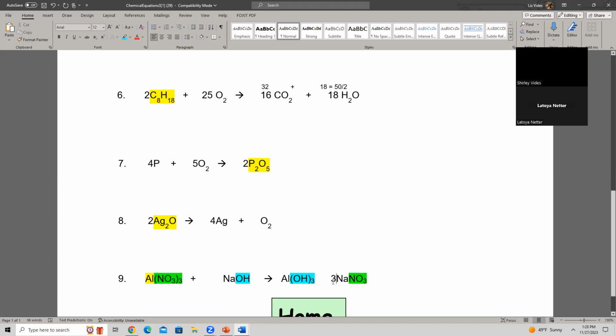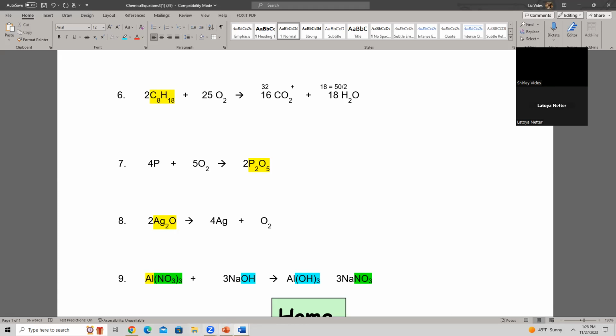See, that gave us 3 sodiums, which means we need to put a 3 here. And we had to put a 3 anyway because of the OHs, you see that? And see how fast that balanced? That's because you didn't focus on the N, the O, and the H separately. They were a group. And that's why I wanted you to focus on the whole green thing and the whole blue thing. It makes a big difference.